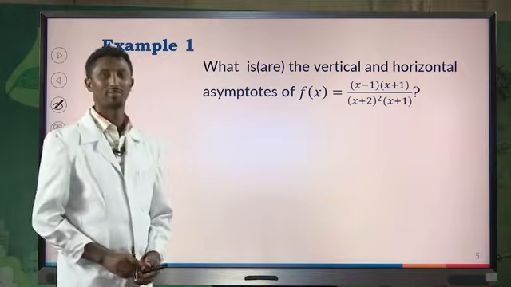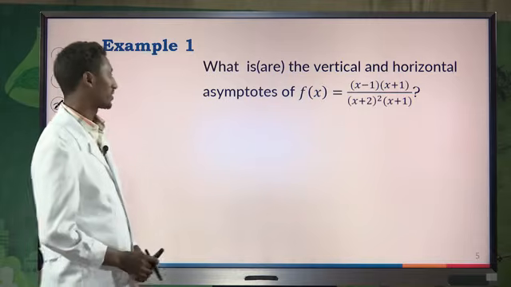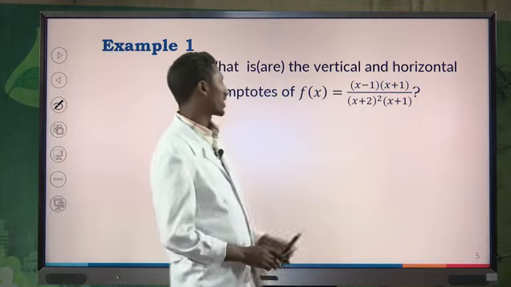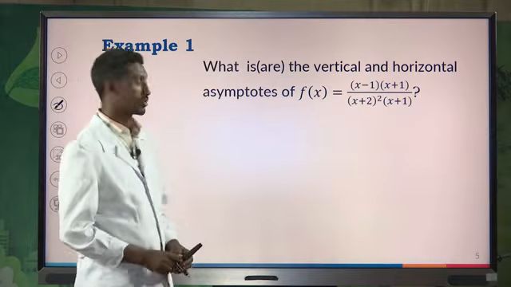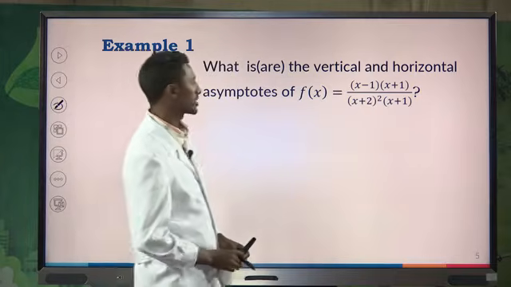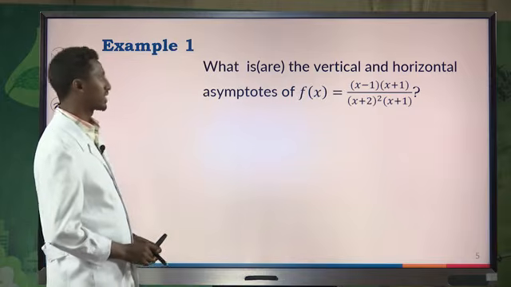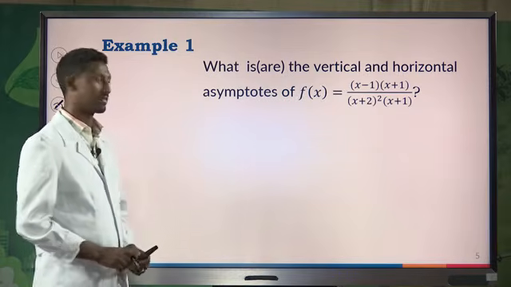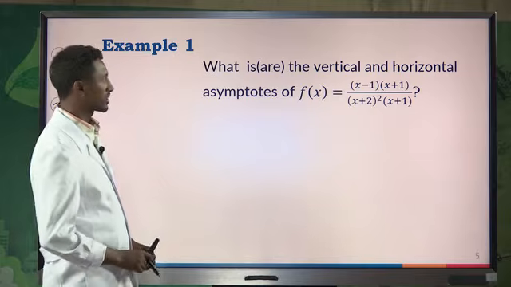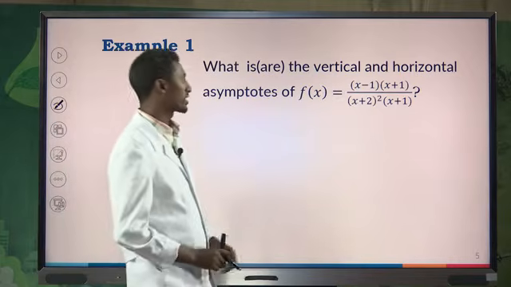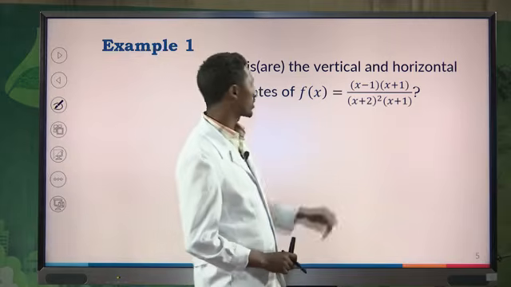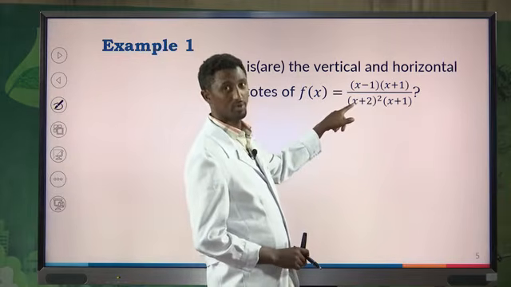Example 1: what are the vertical and horizontal asymptotes of this function? f of x equals x minus 1 times x plus 1 over x plus 2 the whole squared, times x plus 1. To be a vertical asymptote of this rational function, a number x must make only the denominator equal to 0. So what numbers make the denominator equal to 0? Here, what number will make this 0?